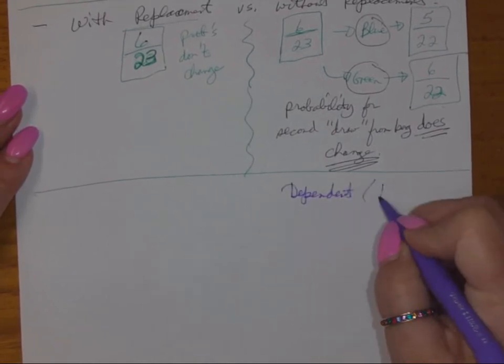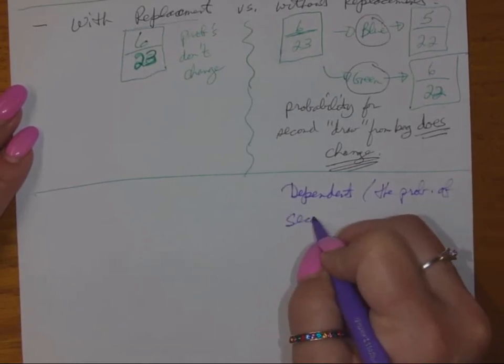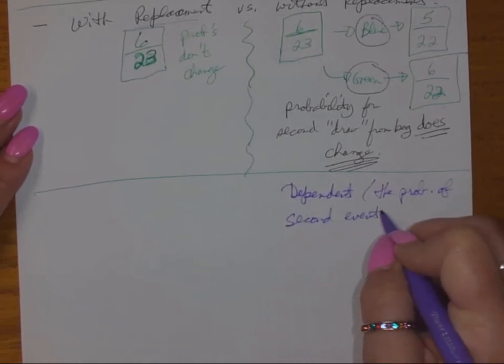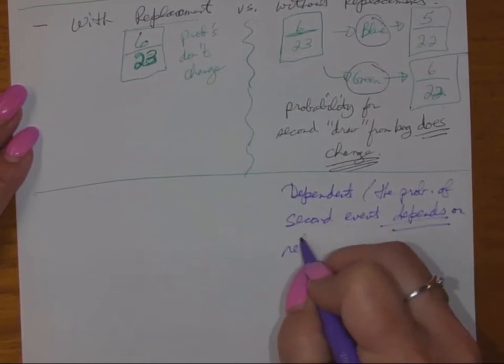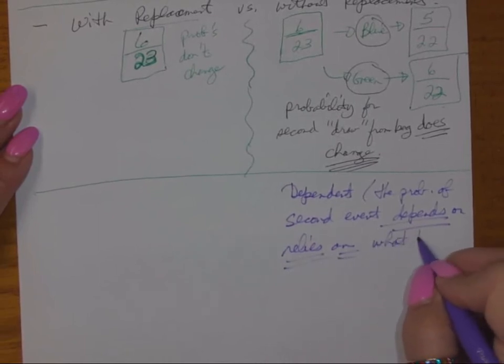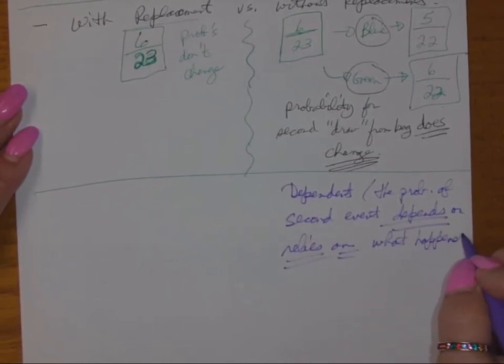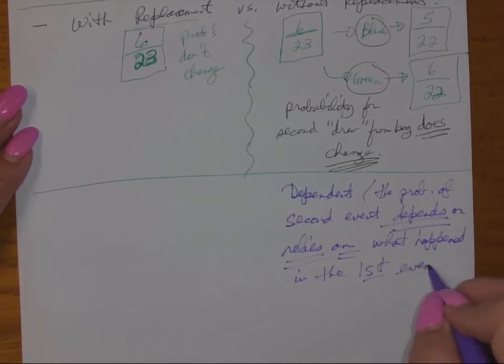which means the probability of the second event depends or relies on what happened the first time, in the first event. Right?